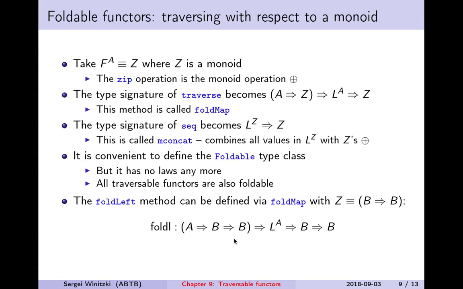It's a curried function with 1, 2, 3 arguments. So if you just rearrange these arguments, you see this is exactly the type signature of foldLeft. It has your container, it has the initial value, it has the update function, and it returns the final accumulated value.